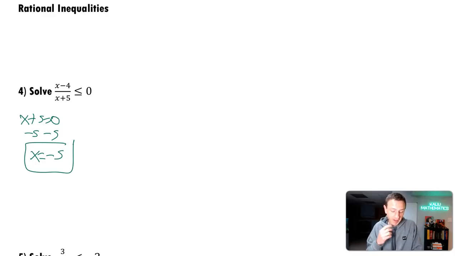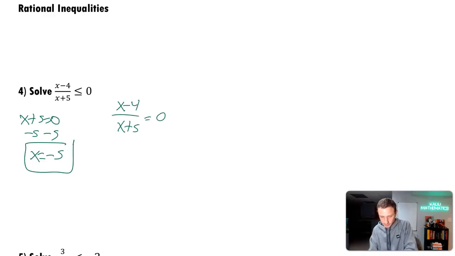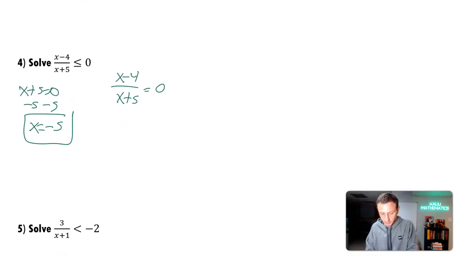So there's our first point that we want to keep in mind. X equals negative 5. And then from here, we want to solve the equation that's generated. So this is going to be x minus 4 over x plus 5 equal to 0. And this is actually a much easier solve than it looks, because this is technically a 0 over 1.